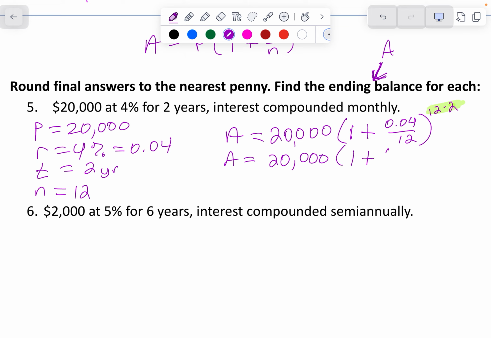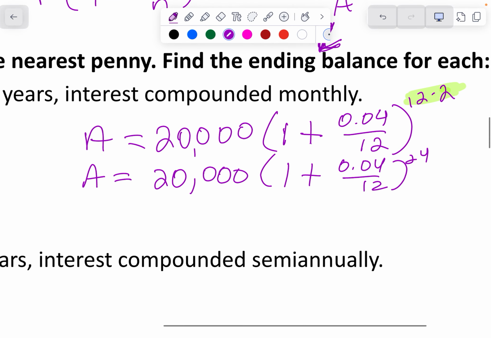So I would suggest making that 24, because if you don't make that 24, you must surround the 12 and the 2 with parentheses. And so it just makes it so that you don't have to forget doing that. If you don't put the 12 and the 2 in parentheses, the calculator just thinks the 12 is supposed to be there, but not the 2. So that's why I think making that a 24 is a really good thing.